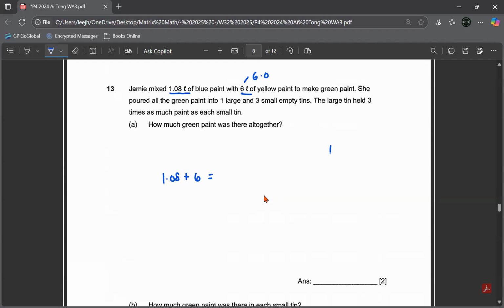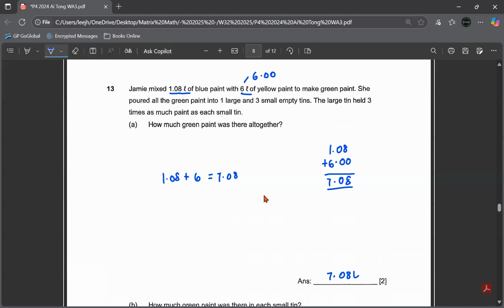So when you do a working, it is 1.08 plus 6.00. Because this one is two decimal places, maybe I put 2 here. So 8 plus 0, 8. This is 0. So decimal point 7. 7.08. So A is 7.08 liter. This is the amount of green paint you have.